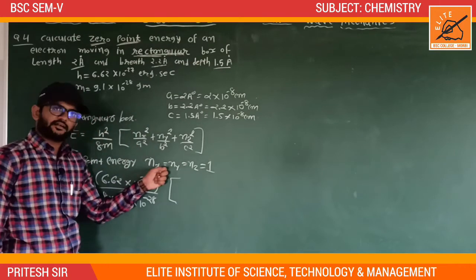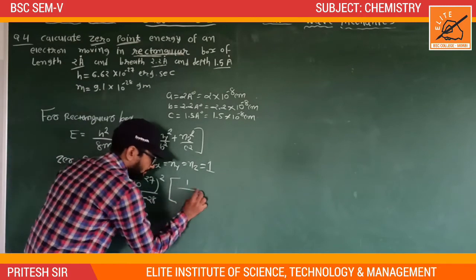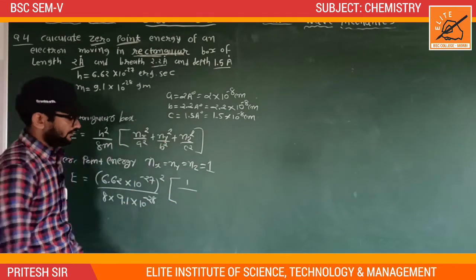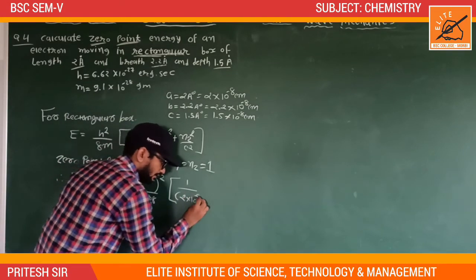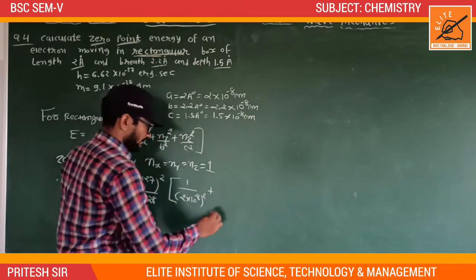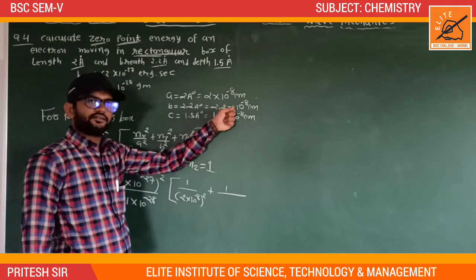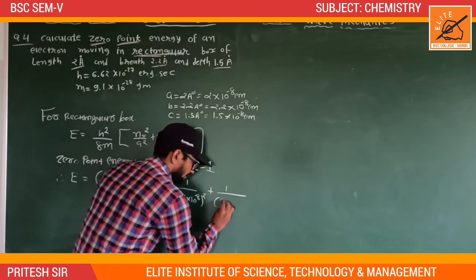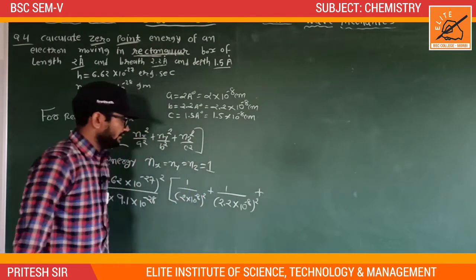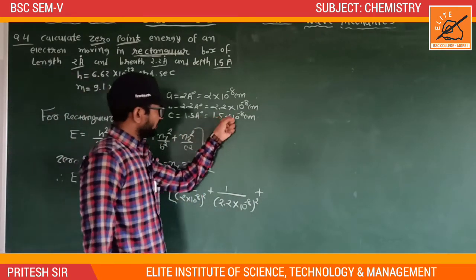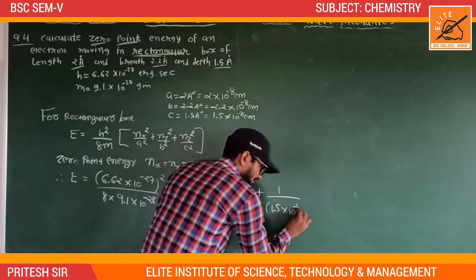Here the values of nx, ny and nz are equal to 1, so 1 square is equal to 1, upon a square, which means 2 into 10 to the power minus 8 squared, plus 1 upon b square. The value of b is 2.2 into 10 to the power minus 8, squared, plus the value of c, which is 1 upon 1.5 into 10 to the power minus 8 squared.